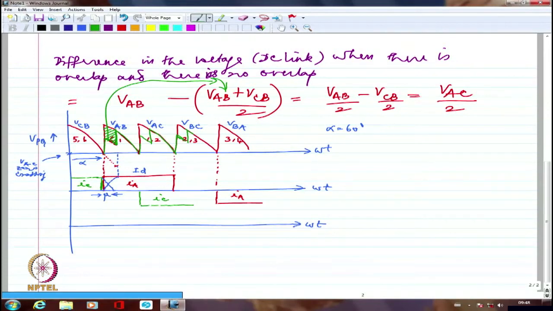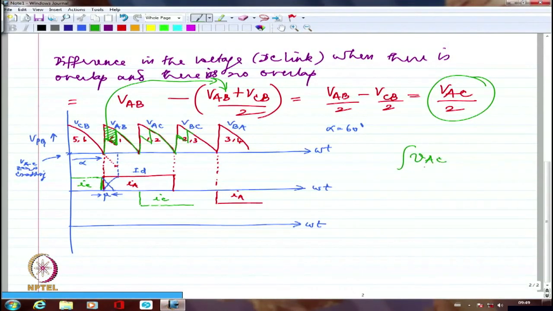So that is going to be really the difference between what DC link voltage I would have gotten without overlap and what I am getting with overlap. So that is a gross reduction, at least some amount of reduction in the DC link voltage. So if I want to really get what is the reduction in the DC link voltage, quantify it, then I have to integrate VAC by 2 from alpha to alpha plus mu.